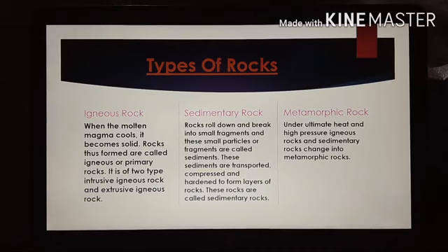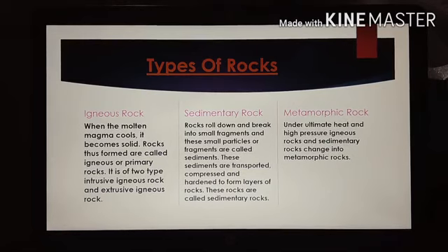In this slide, the second important type of rock is our sedimentary rock. How are sedimentary rocks formed? Large rocks are broken down into fragments, and these fragments again break down into smaller pieces. These smaller pieces are known as sediments.